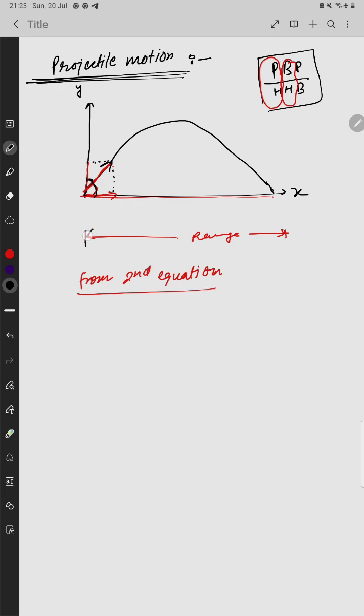We are going to calculate the range, student, range, right? So the velocity has two components, student. One is perpendicular by hypotenuse, and another is base by hypotenuse. So the y-axis is going to give u sin theta, and the x-axis is going to give u cos theta, student.